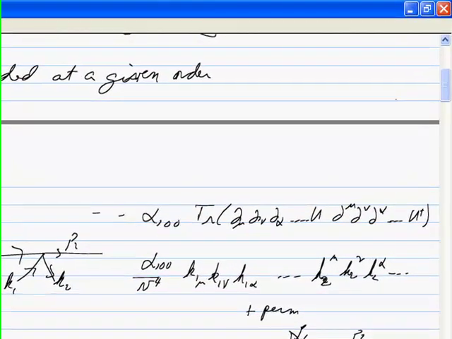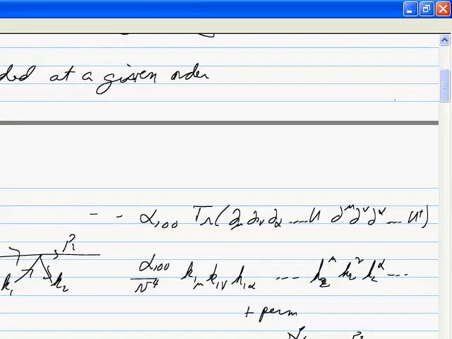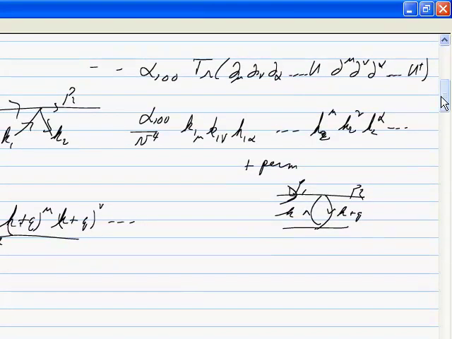Okay. Well, of course, that's badly divergent, right? But the leading piece is going to be pretty obvious here. It's when you take these k's going into each other. So let's put a cutoff in there.